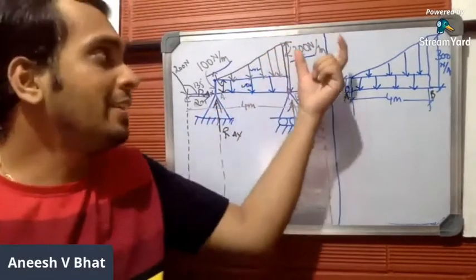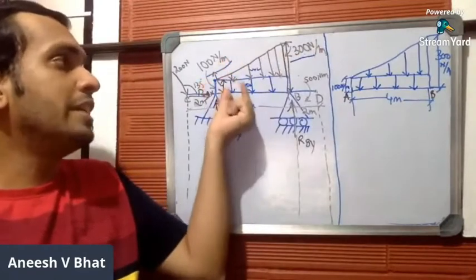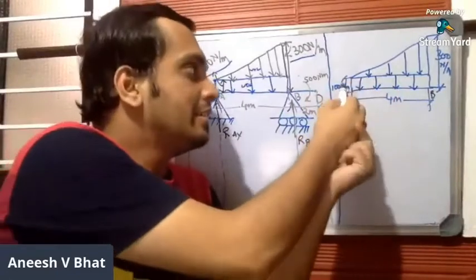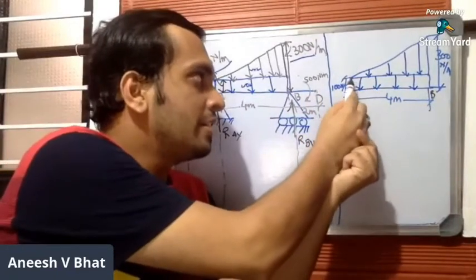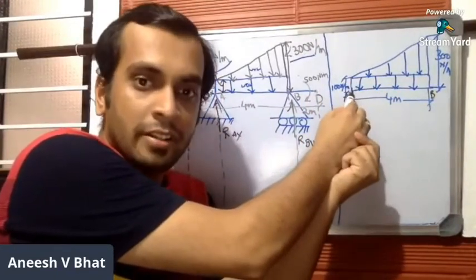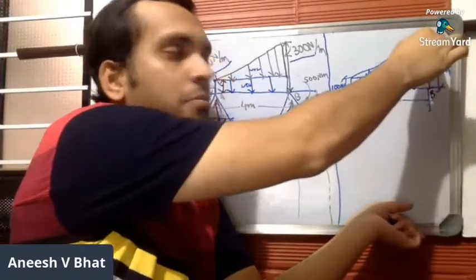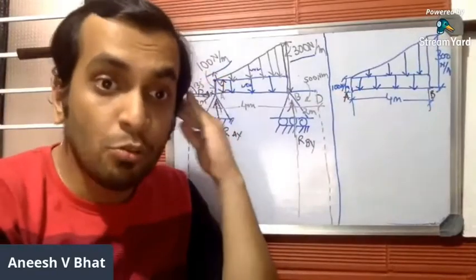So 300 includes the rate of load distribution of UDL as well, which is 100. Hope this is clear. From here to here, it is 100, but 300 is from the bottom to the top. So 300 includes 100 as well.